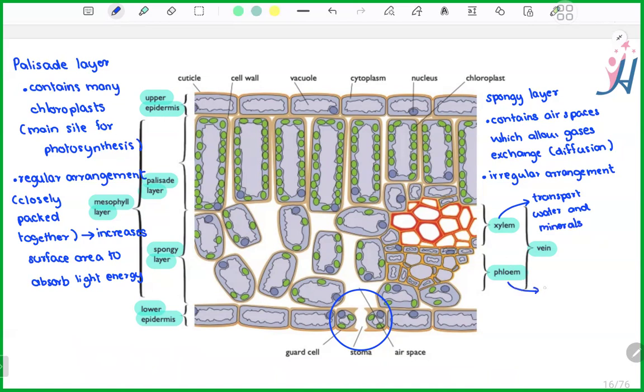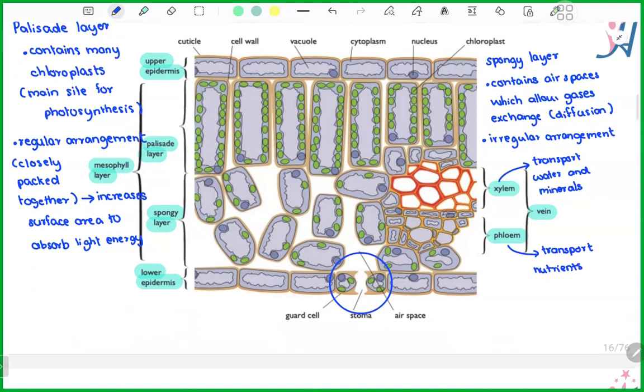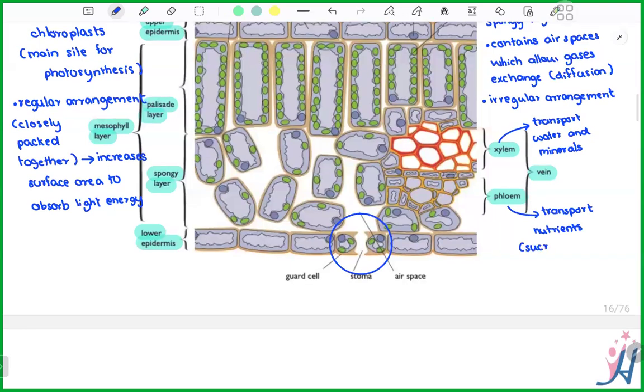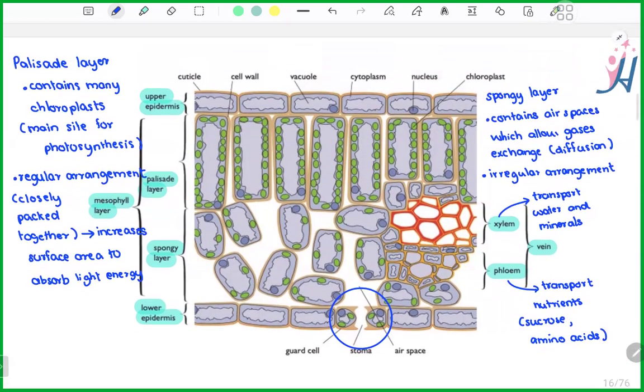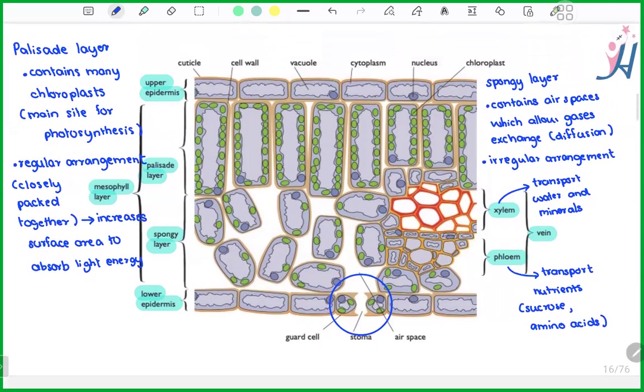Phloem transports nutrients, in this case, sucrose and amino acids. So these are the layers of the leaf and their adaptations for photosynthesis.